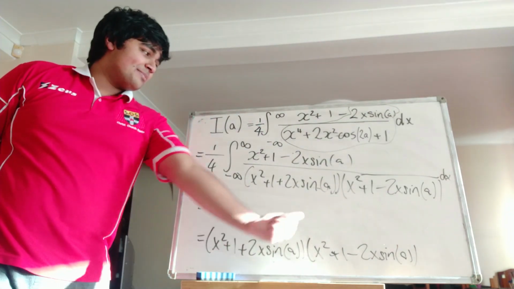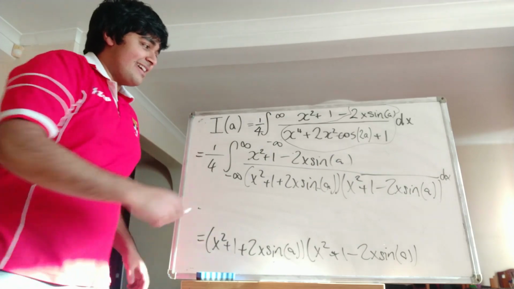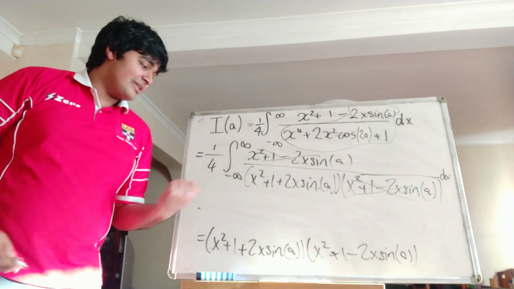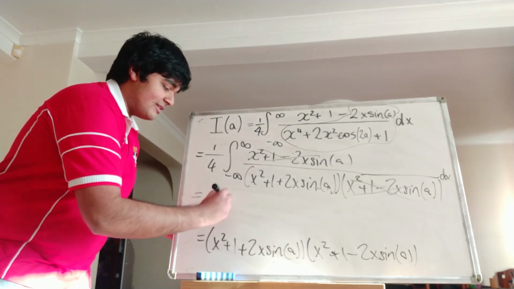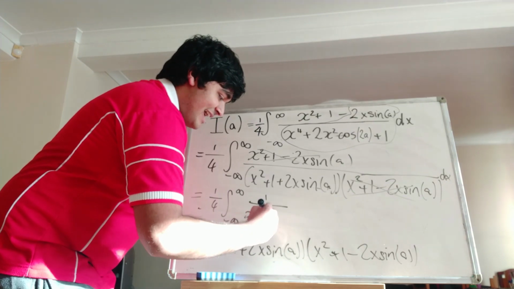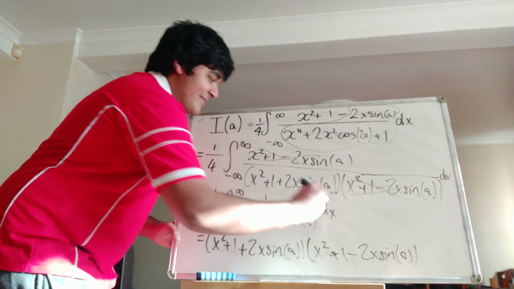And you probably spotted x squared plus 1 minus 2x sine a cancels nicely with that there. So this cancels with that there, and we're just left with a quarter of the integral from negative infinity to infinity of 1 over x squared plus 1 plus 2x sine a dx.